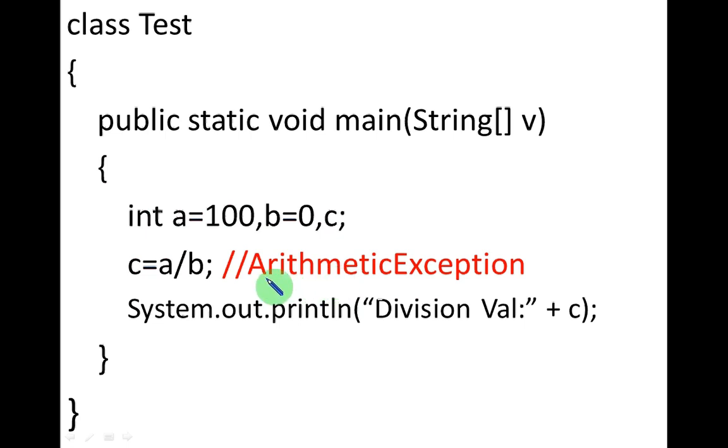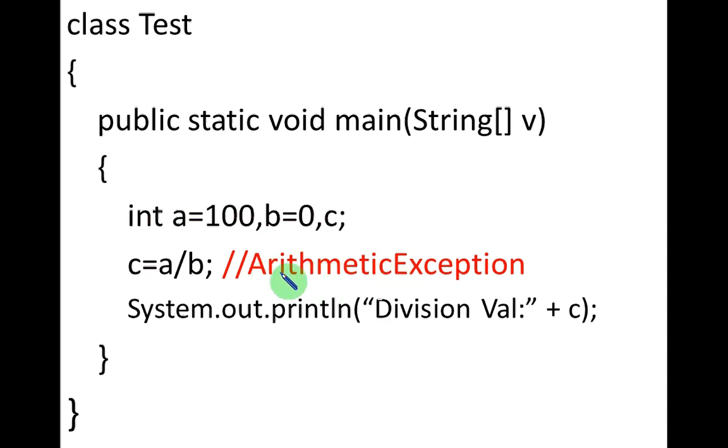Okay, so one example for arithmetic exception is whenever we are dividing a number by 0, it is infinity. So this infinity will raise an exception, namely arithmetic exception.